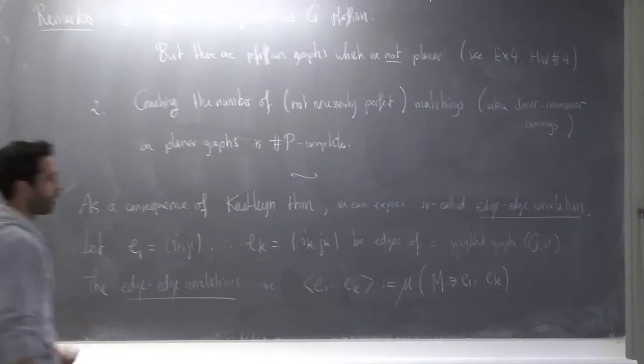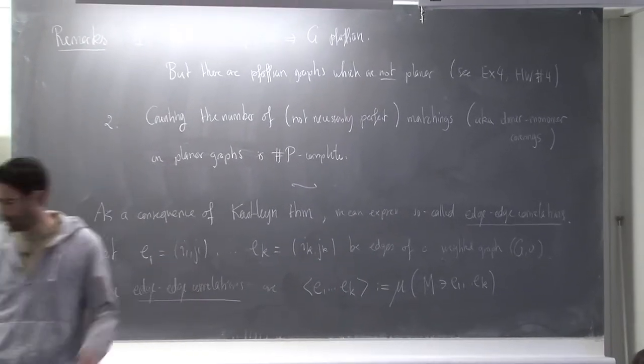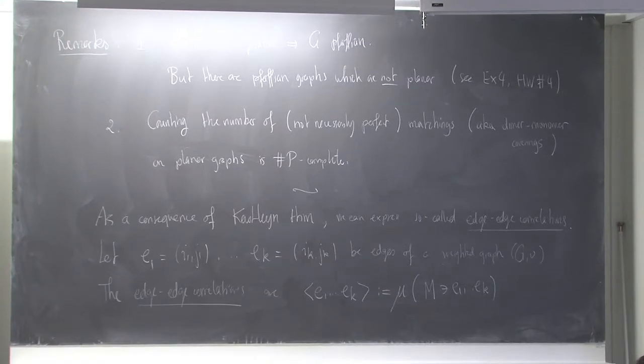We'll see later on that these are important quantities for the model. And now I claim that with Kasteleyn's theorem and the properties of Pfaffians that we know, we can express this in a very simple way with the Kasteleyn matrices.